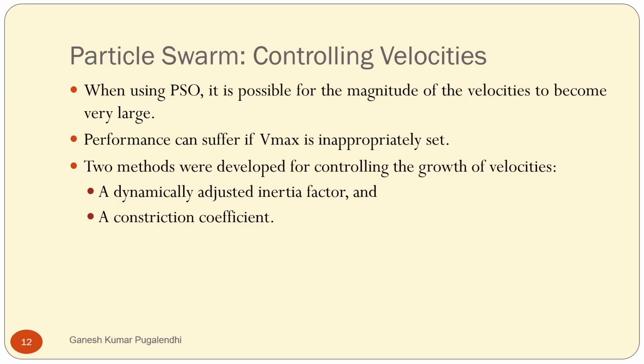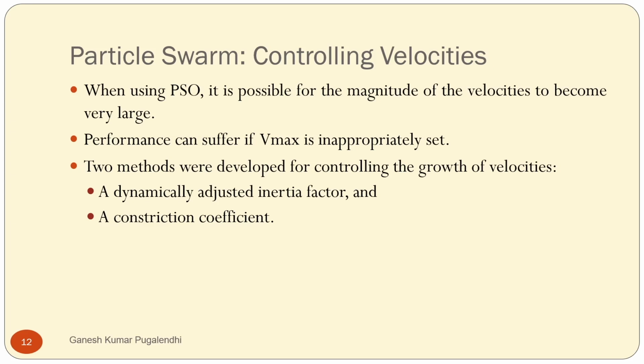How are the velocities controlled? Exploding kinds of velocities may happen. So when using PSO, we have to check the magnitude of the velocity. That means the velocity may go very large. If the velocity goes very large, automatically we can see a suffering in the performance.